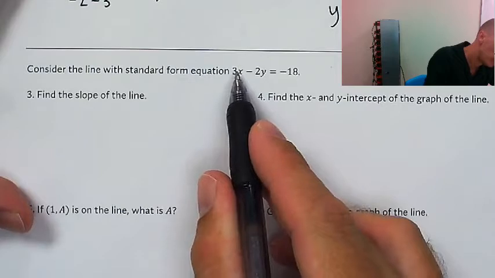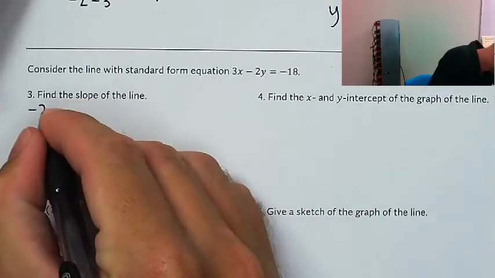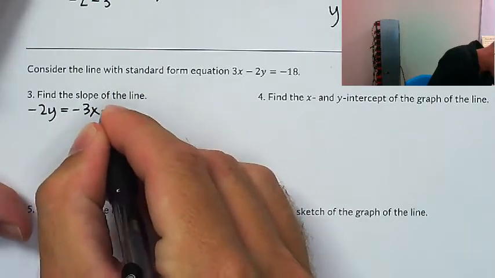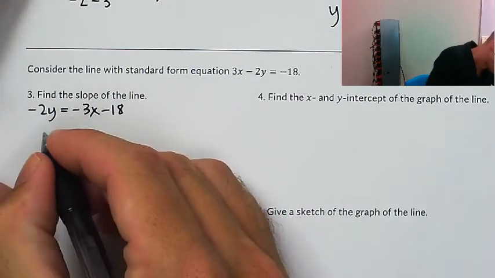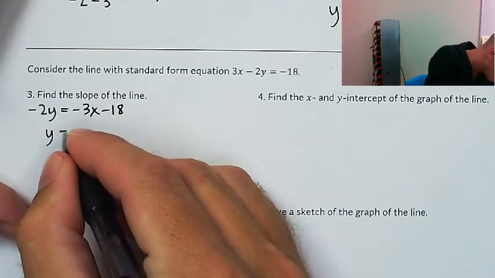So I'm going to maybe subtract 3x from both sides. So I'll have negative 2y equals negative 3x minus 18. And then I'm going to divide both sides by negative 2. Or multiply them by negative half.